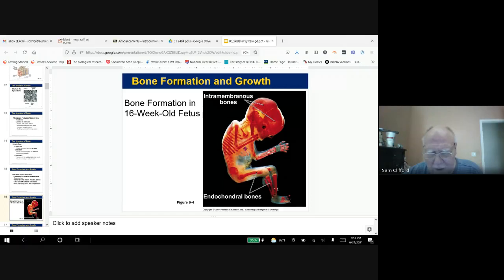Once the bone is built, it will be maintained by osteocytes, the little cells within the central canal and the osteon. Another name for this very organized system of bone formation is endochondral ossification.